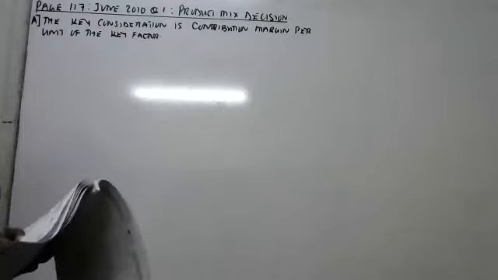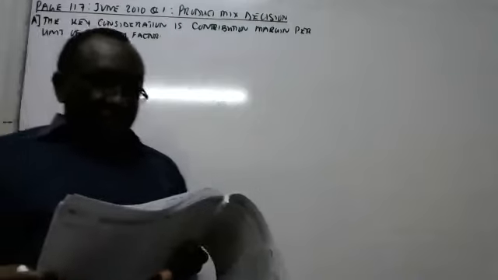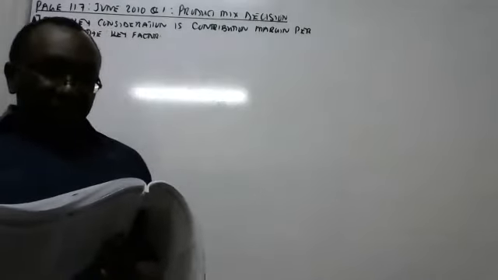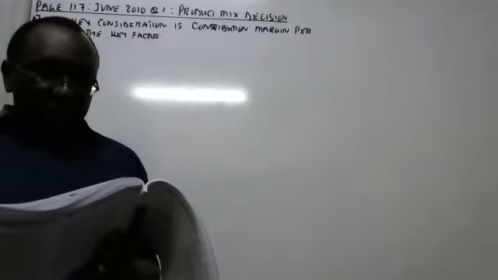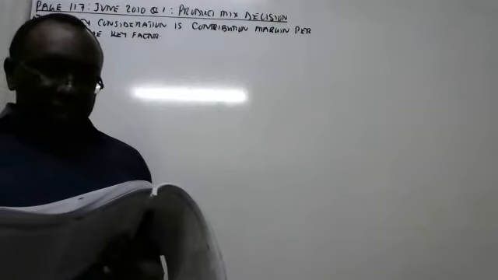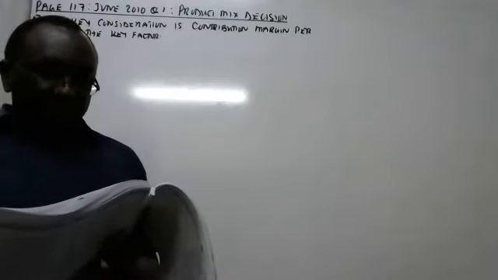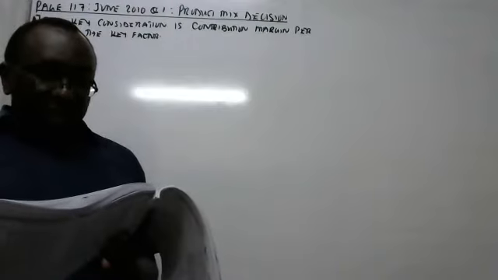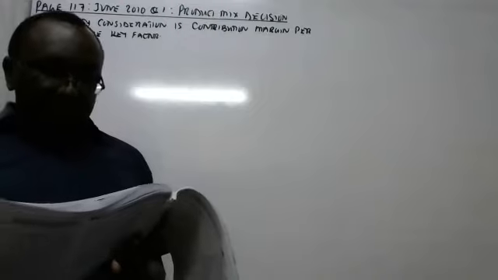Now, part B says, Lego Limited manufactures 3 products, namely A, B, and C. The data below relate to the 3 products. We have the selling price, the variable overheads, the labor installation, labor manufacturing, raw materials. Additional information: highly skilled labor is required for installation for the 3 products in the customer's premises.